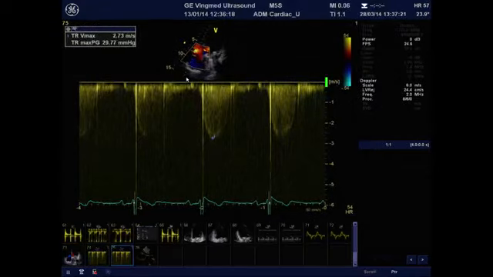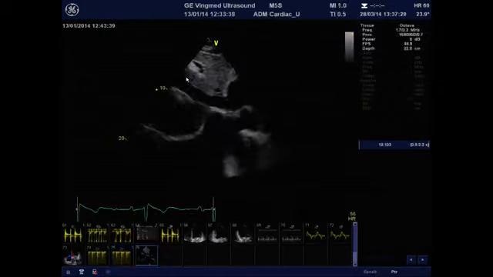And you can that way estimate the pulmonary systolic artery pressure with the addition of the pressure in the right atria, estimated with the dimension and respiratory response of the inferior vena cava.